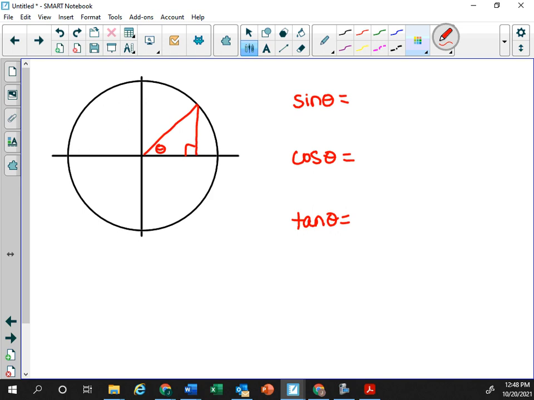In this circle, does everyone agree that that little segment there is the radius? Is that the radius of the circle? Okay, that's a little r there. And down here, would you agree that side is x? And that side is y? Horizontal piece is x, vertical is y? Okay.